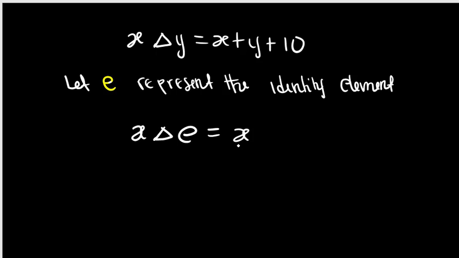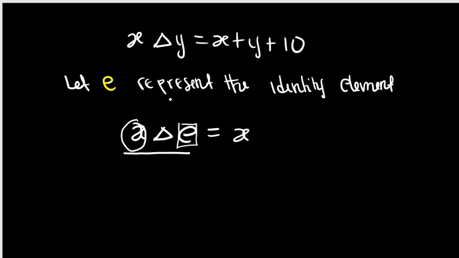Now we have to expand this operation using the given definition. The x represents whatever element is before the operation, and E represents whatever element is after the operation, where E is the identity element.